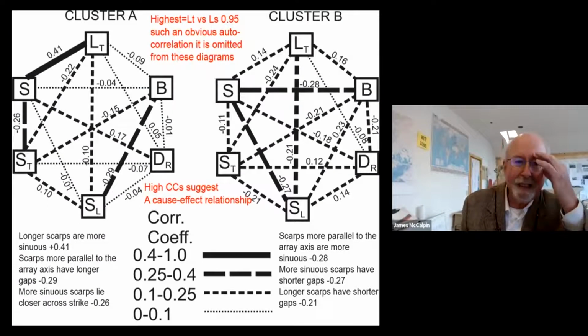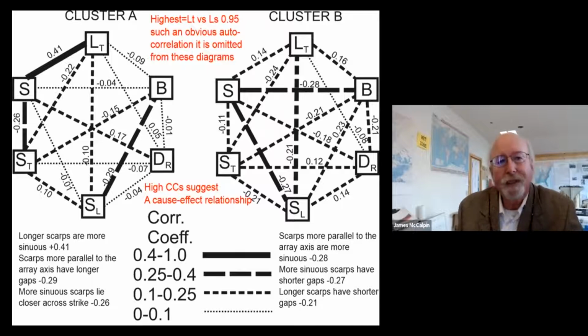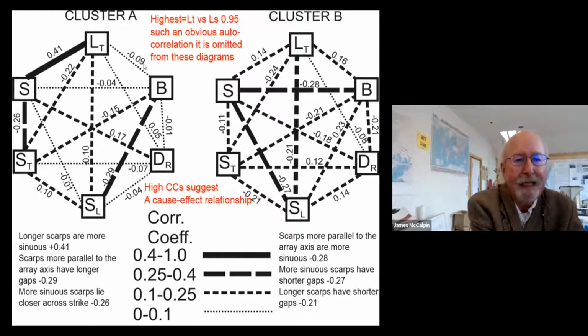This is a classic way to graphically present correlation coefficients between multiple parameters. And you can see that each one of this is for cluster A. Here's the true length of the scarp, the sinuosity, the spacing between DFs in the transverse direction, the spacing in the longitudinal direction, the distance of the scarp from the ridge and its bearing.